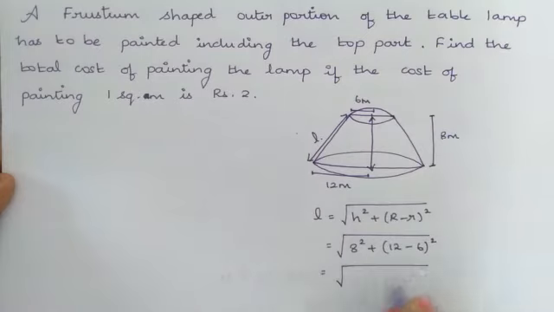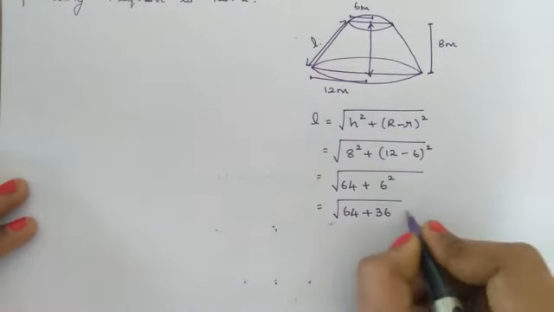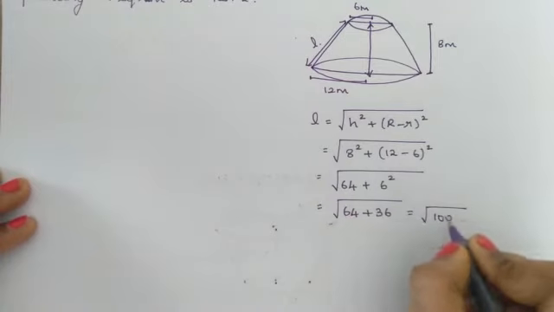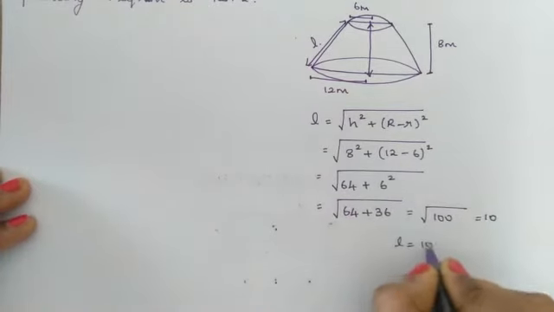That is 64 plus, what is 12 minus 6? 6 square. What is 6 square again? That's going to be 36. 64 plus 36 is square root of 100, which is equal to 10. So L is equal to 10 meter.